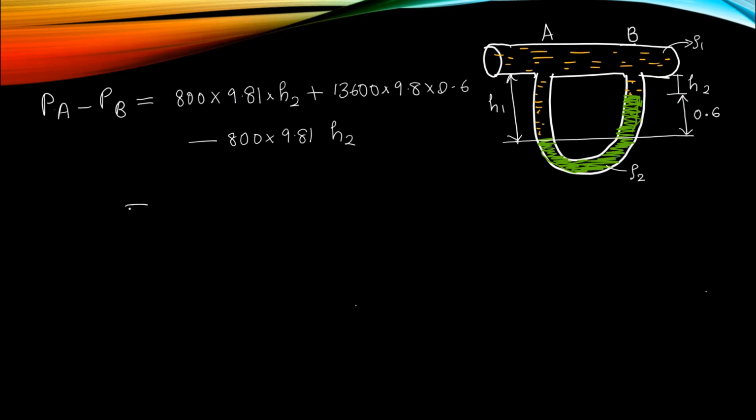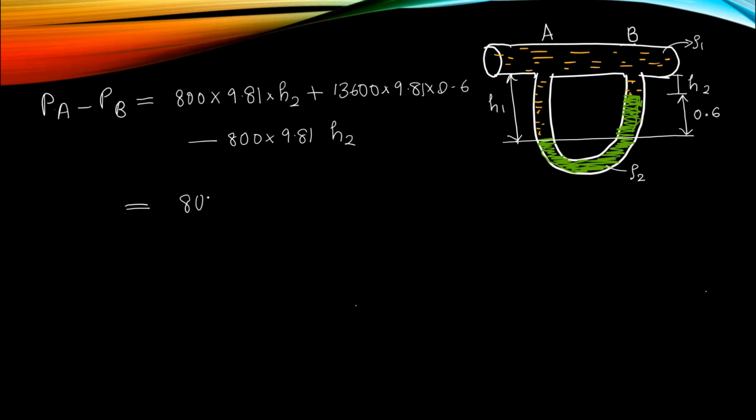Now we can write 13,600 into 9.81 into 0.6, which is coming around 80049.6.